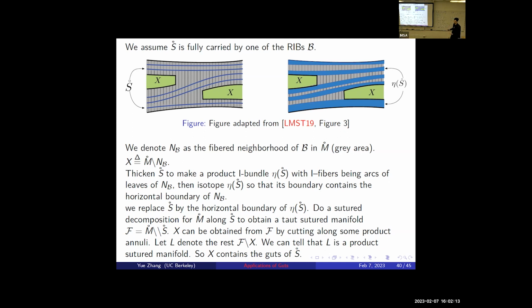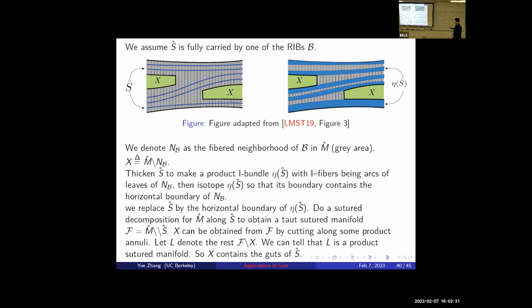It just doubles it, so it doesn't change anything about the properties of S circle. So for simplicity we just consider S circle to be the boundary of this neighborhood.